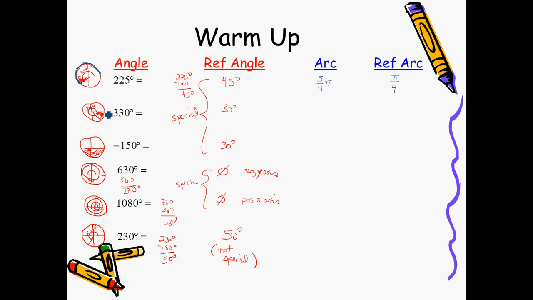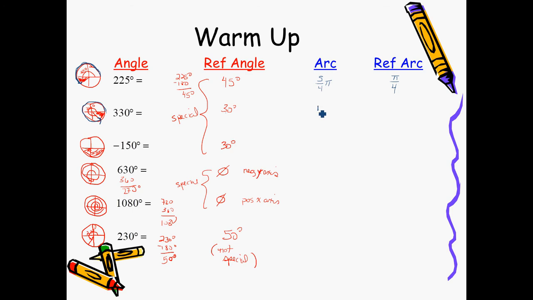How about 330? 330 has a reference angle of 30 degrees. So what does that mean? That means going all the way around the circumference, I'm 1 pi over 6 short of being all the way to 2 pi. Well, how many sixths of pi is all the way around?